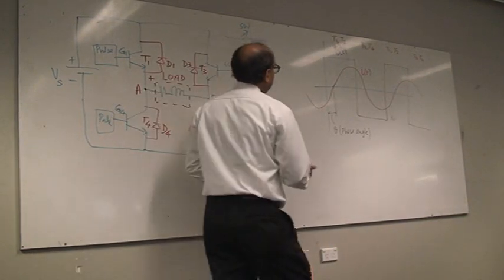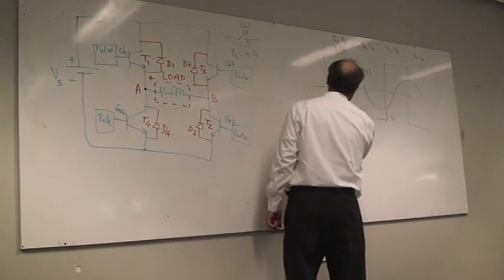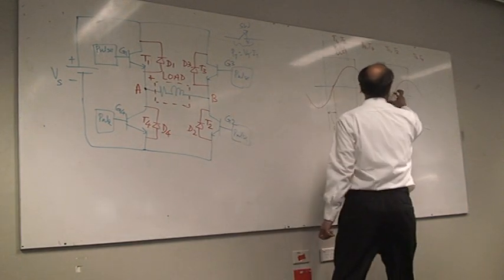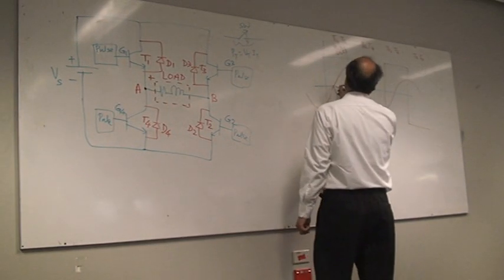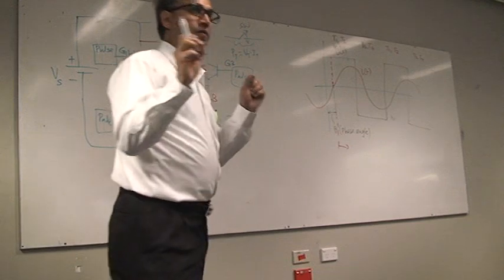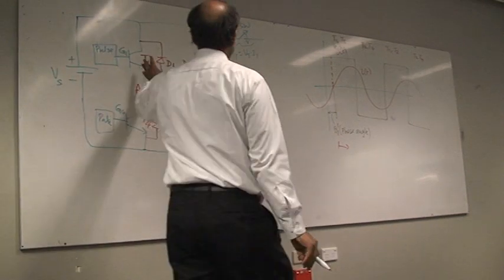So let us start from this point, this onward. We'll come back here later on when we repeat. So if you see now from this point onward, what exactly is happening? You have given gate pulse for T1 and T2.